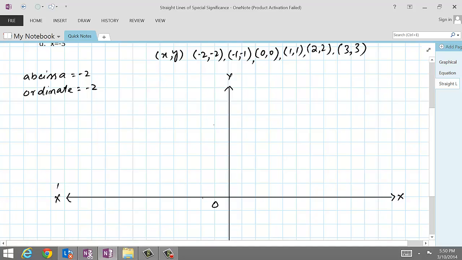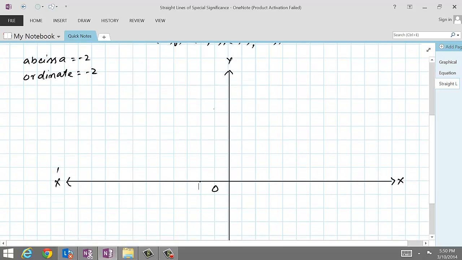So -2 being negative, we go 2 units to the left of the origin. And then for drawing the ordinate, because it's -2, we move downward 2 units. So that's where we get here. Now we name this point as A and write its coordinates (-2, -2).